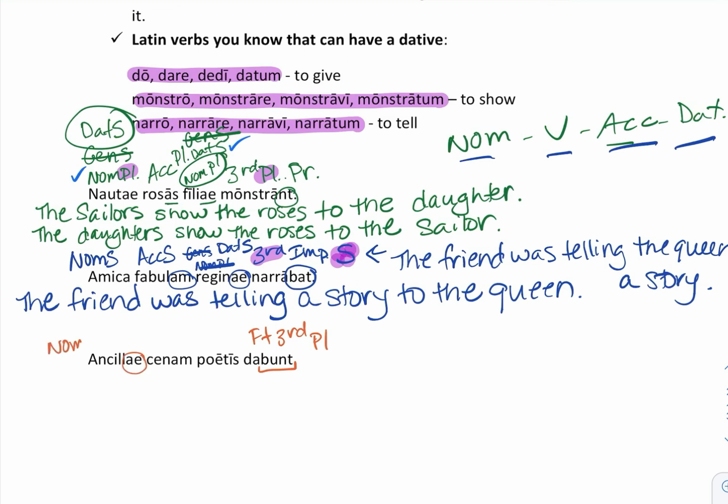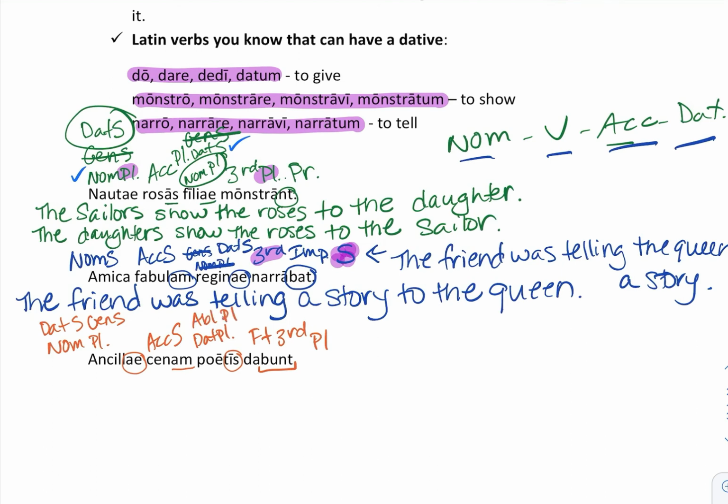We've got some choices, as you know from above. It can be nominative plural, which would work with the verb. It can be dative singular, or it could be genitive singular. Okay, canem, again, the only thing it can be according to your chart book is accusative singular, and poetis. So our two choices are dative plural and ablative plural.